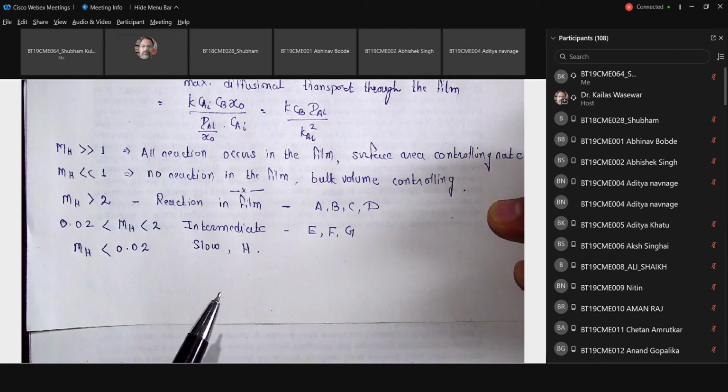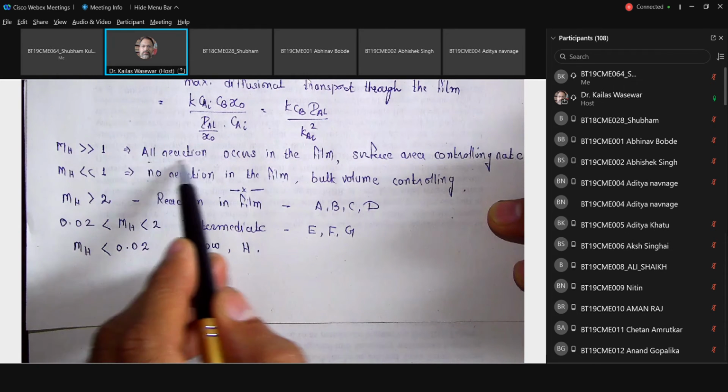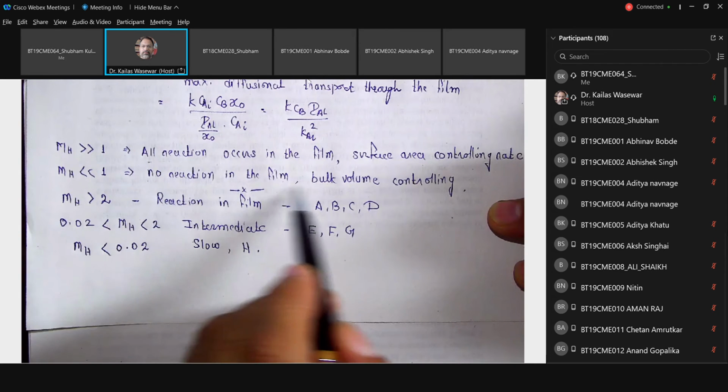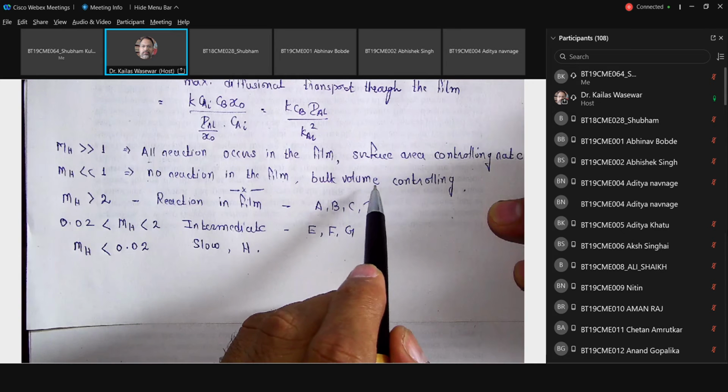Hence more agitation is required here. In the other case, agitation will not work because volume is more important as compared to the surface area.